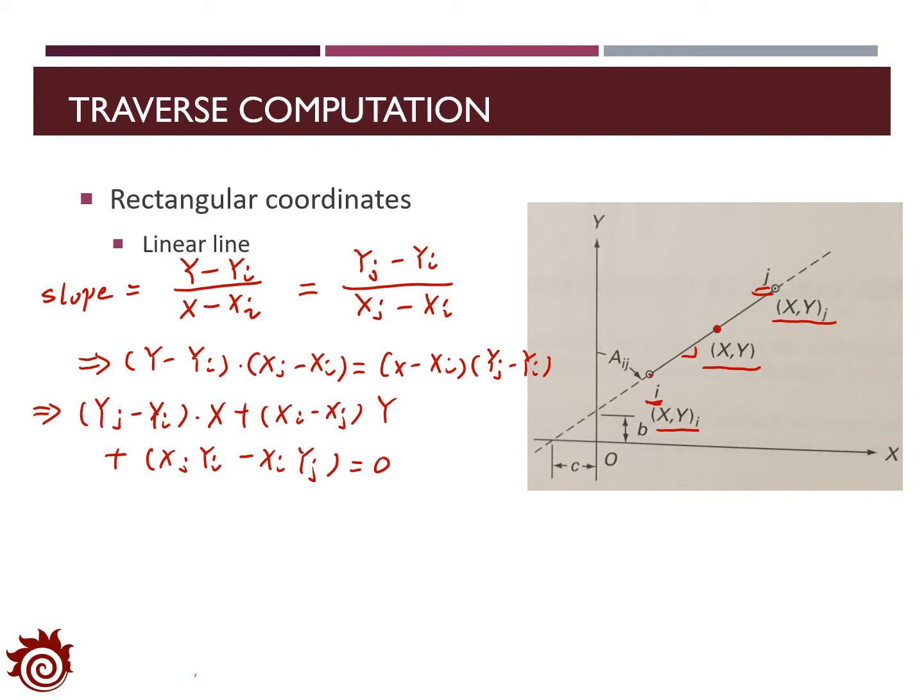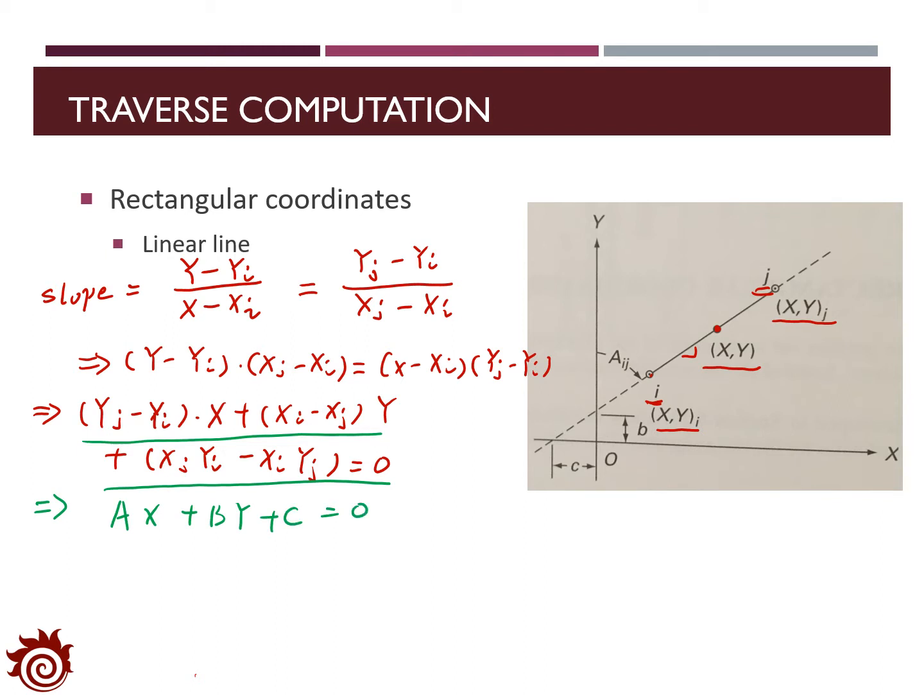With that, we can simplify the equation here with some constants. That is ax plus by plus c equal to 0.